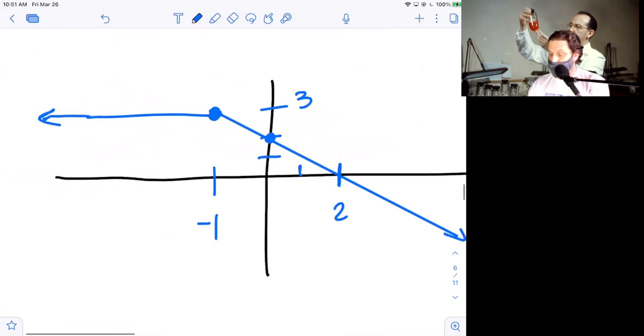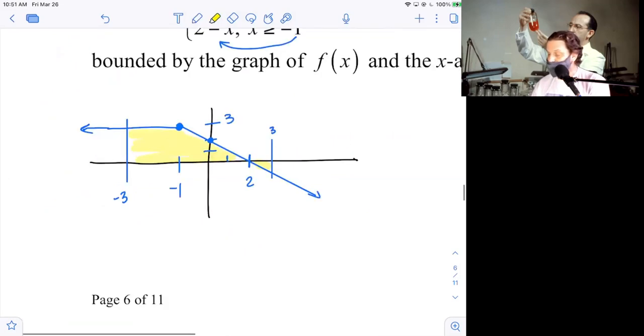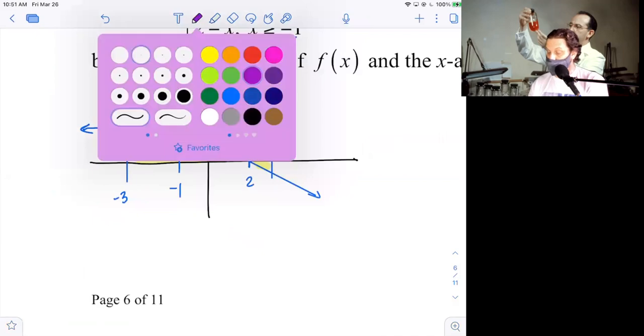So let's come over here. I'm going to draw a vertical line. We'll just call this -3. And then I'll draw another vertical line here, and we'll call this 3. So here's what I want to do. I want to find the area of this region, the area. Now it said to set up an integral. You might be asked to set up an integral. So let's do that.